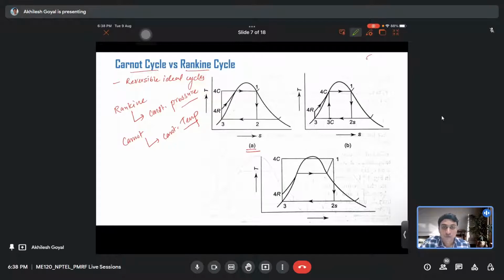From figure A we can see that the cycle 1 2 3 4 back to 1 is a Rankine cycle, and 1 2 3 4C back to 1 again is our Carnot cycle.